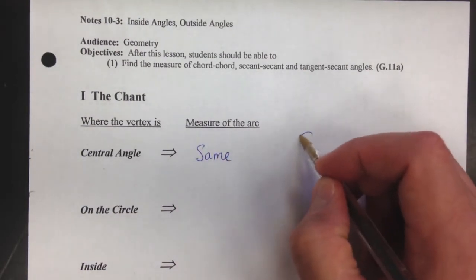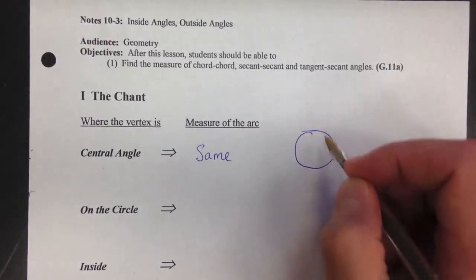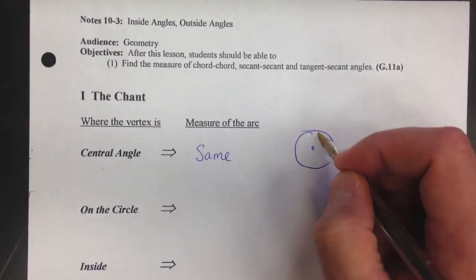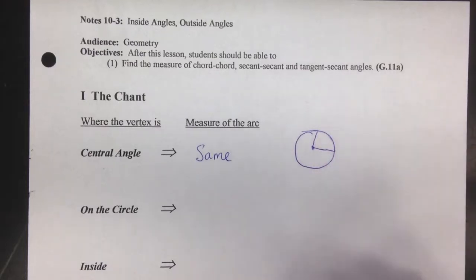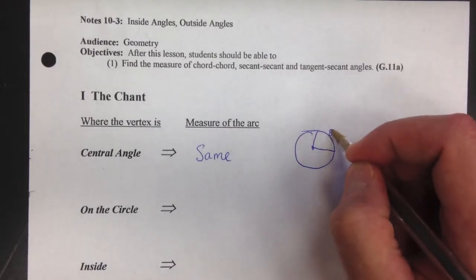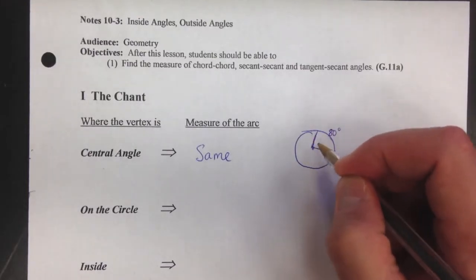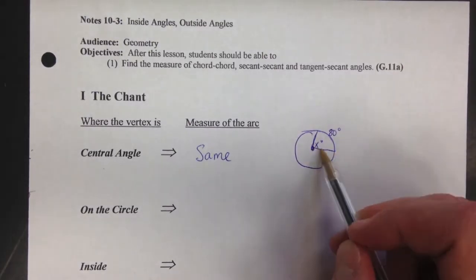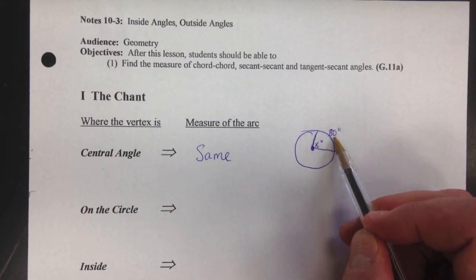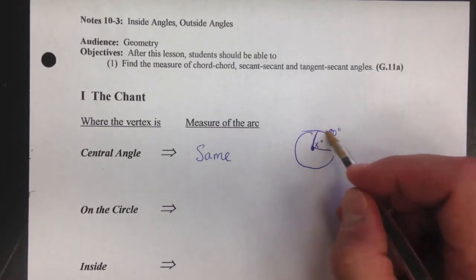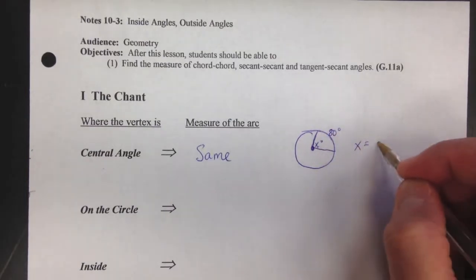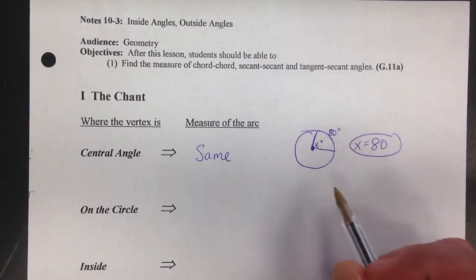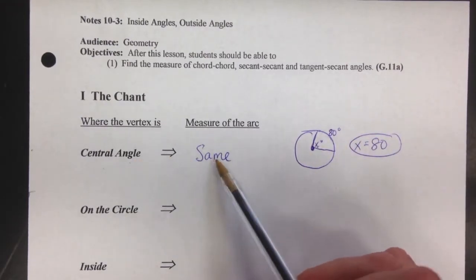So on the side here, if we have a circle and an angle at the center, and the arc measure is 80 degrees, and we want to find the central angle measure, the central angle is the same as the arc that it creates. So it creates 80-degree arcs, so x is equal to 80. That's my answer.